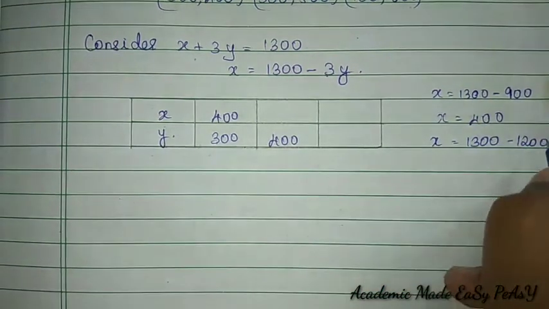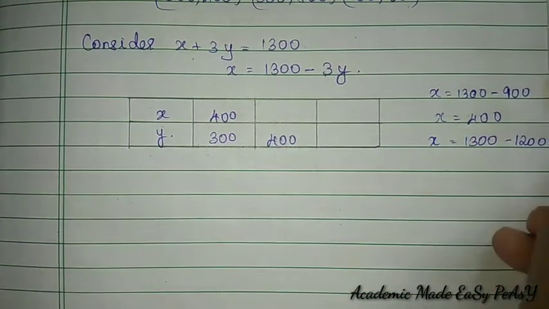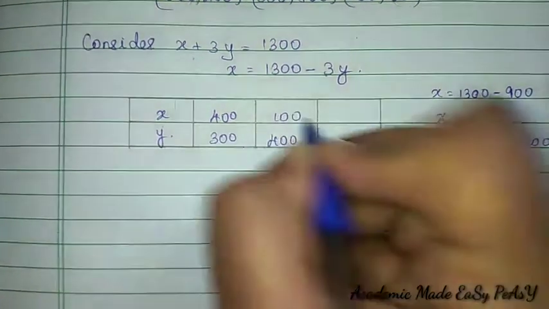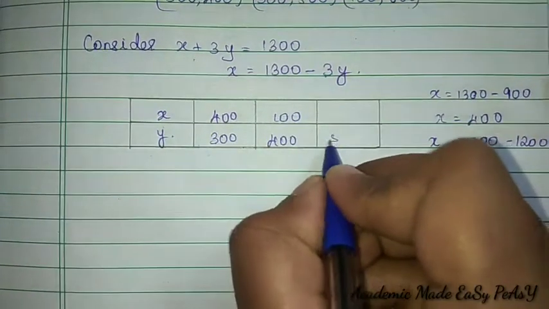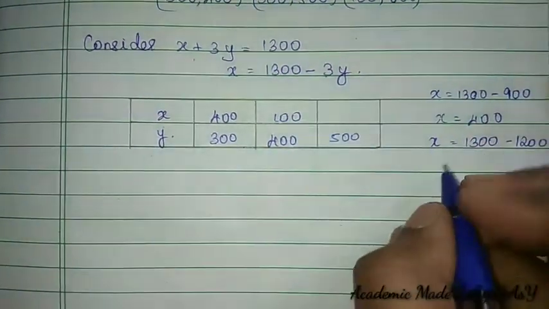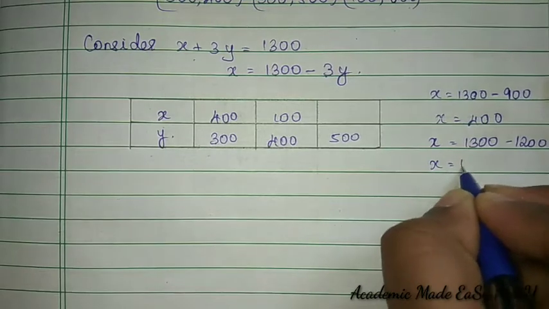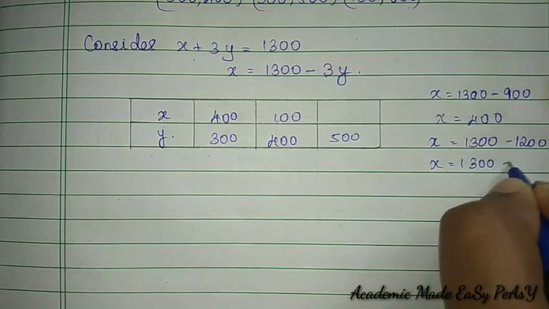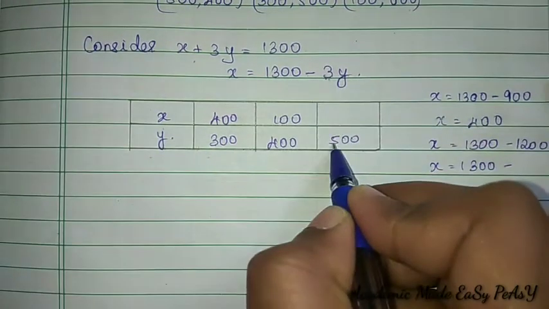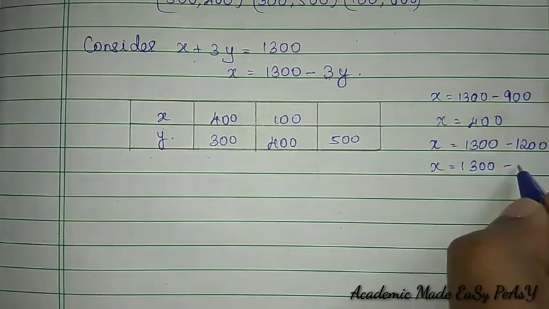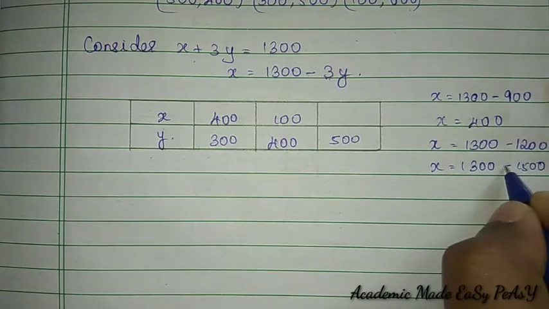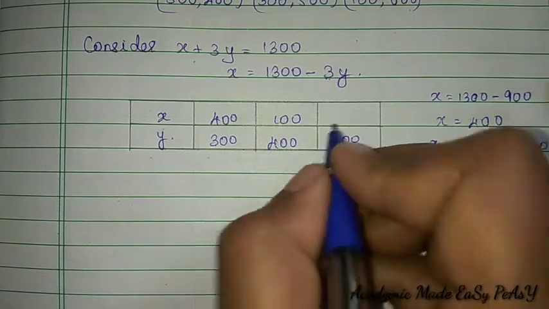So 1300 minus 1200, it is 100. And if I have 500 over here, I will have x is equal to 1300 minus 3 into 500, it is 1500. So I will have minus 200.